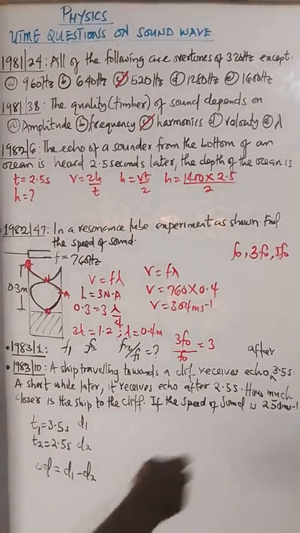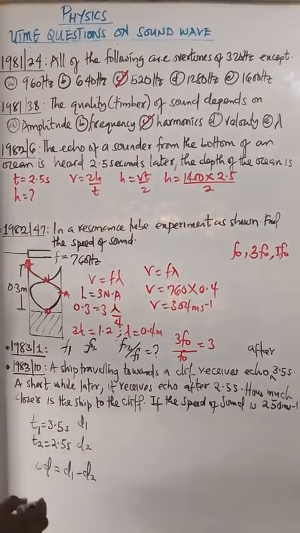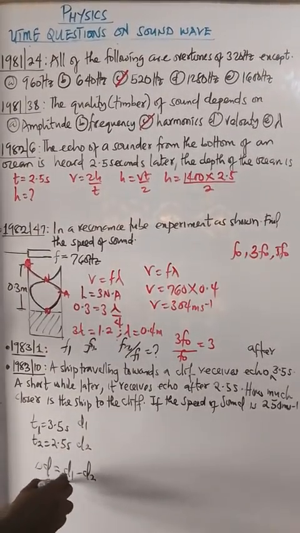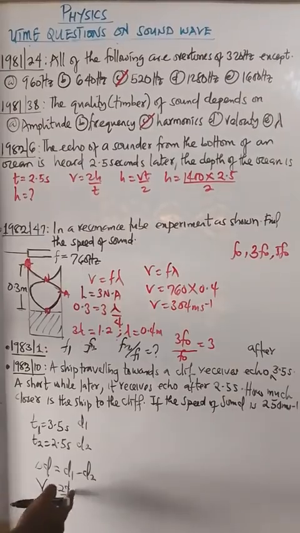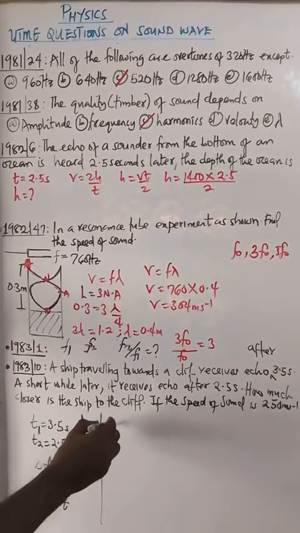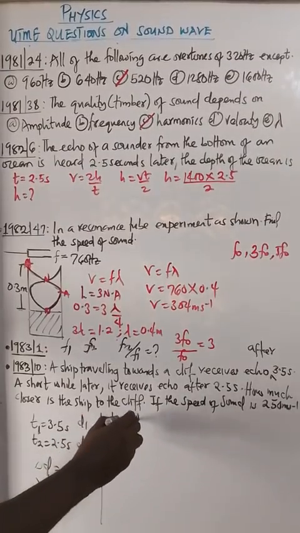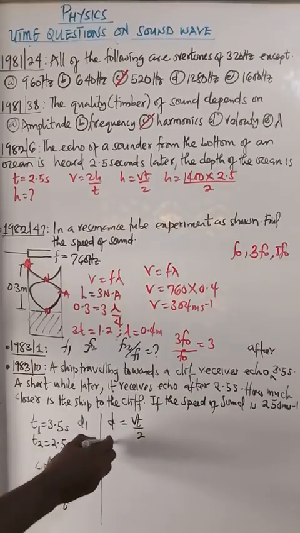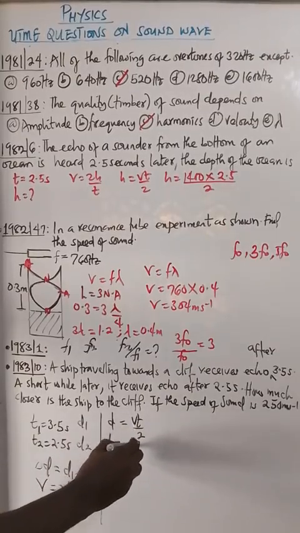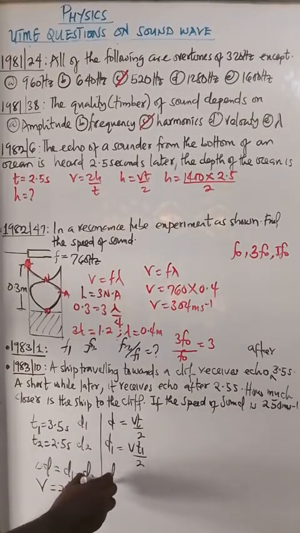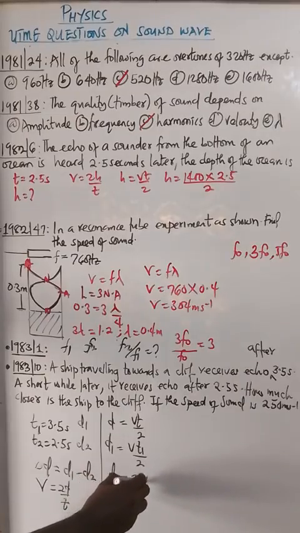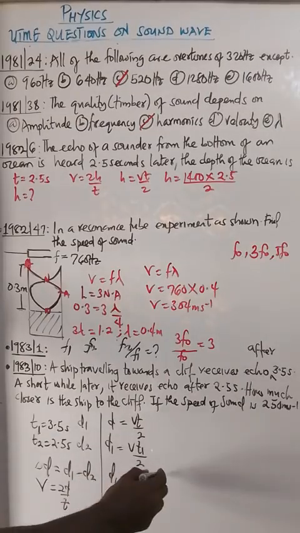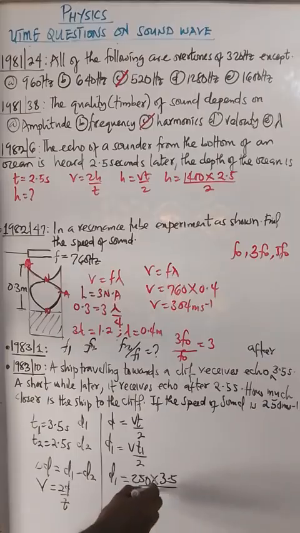If the speed of sound is 250 meters per second, we know that V is 2D over T. We make D the subject, so D equals VT over 2. For D1, it's going to be V T1 over 2. V is 250, T1 is 3.5, over 2.